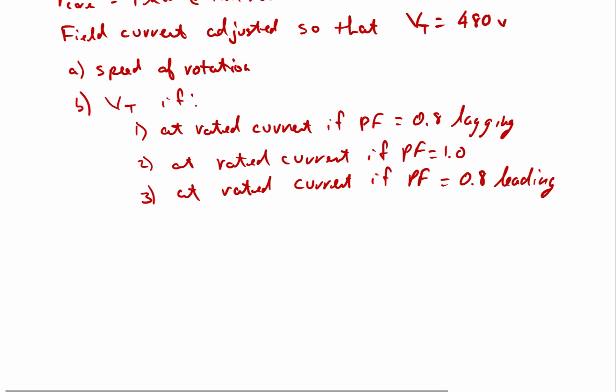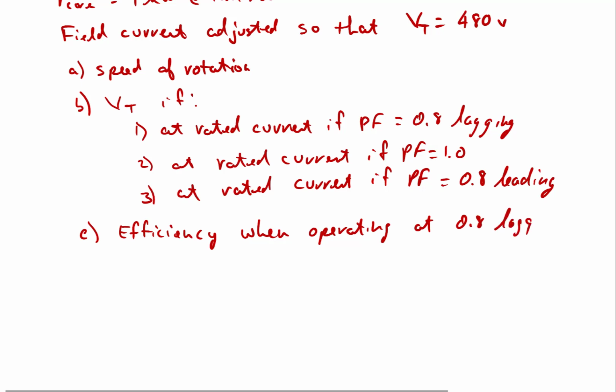We want to know the efficiency of the generator when it's operating at the 0.8 lagging, and that's at rated current.